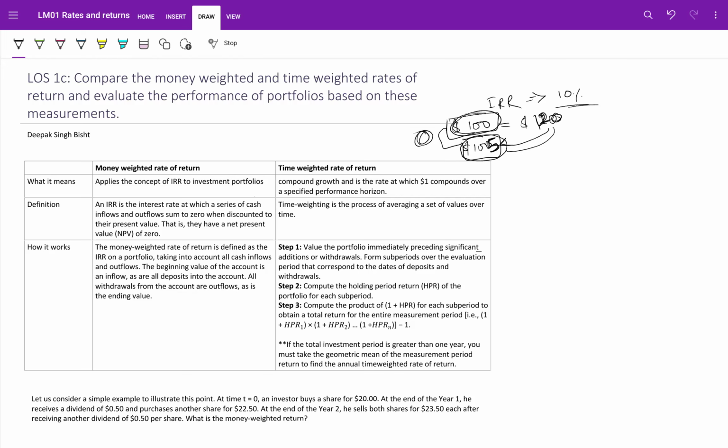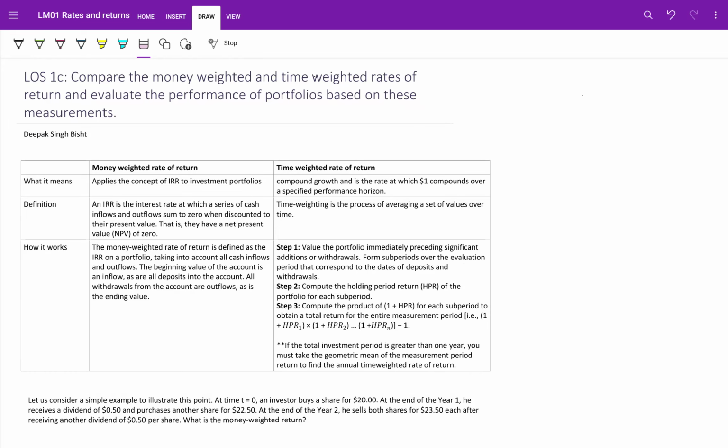The difference was $5, so this is more than the internal rate of return. We will prefer these kinds of investments where we are able to generate more than our required rate of return. This is the basic definition of internal rate of return in layman's terms.